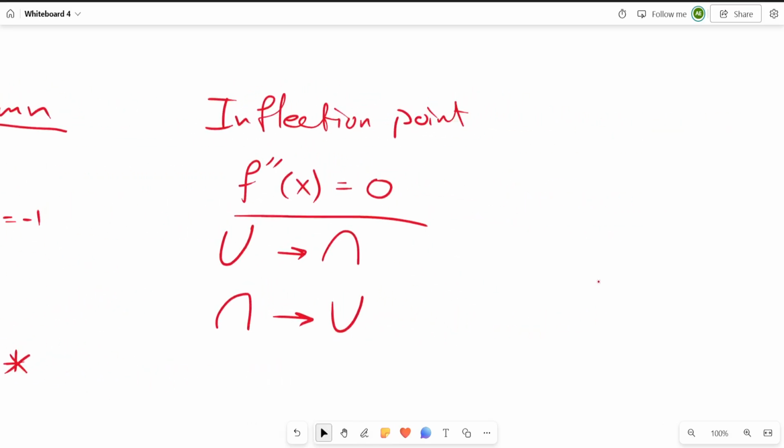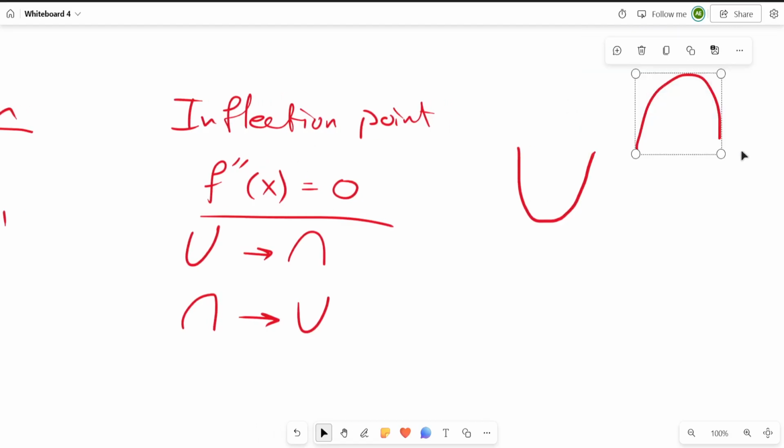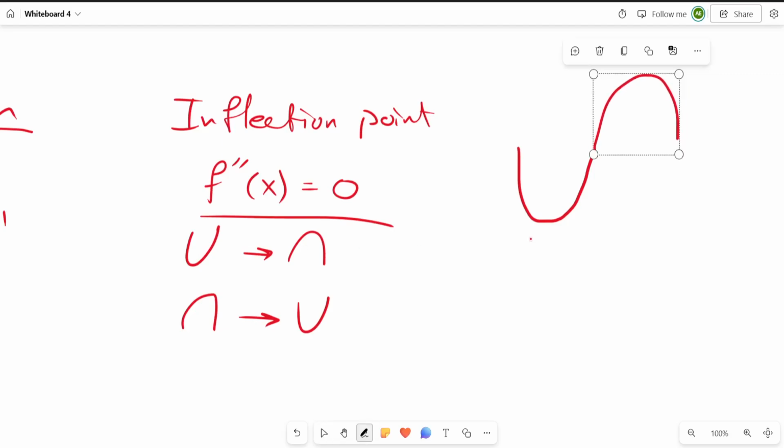So let's say we have a function that is totally concave up and then another function that is totally concave down. Let's say these two functions are joined onto one graph. So as you can see, up until this point, this function was concave up, and then after this point, the function became concave down.